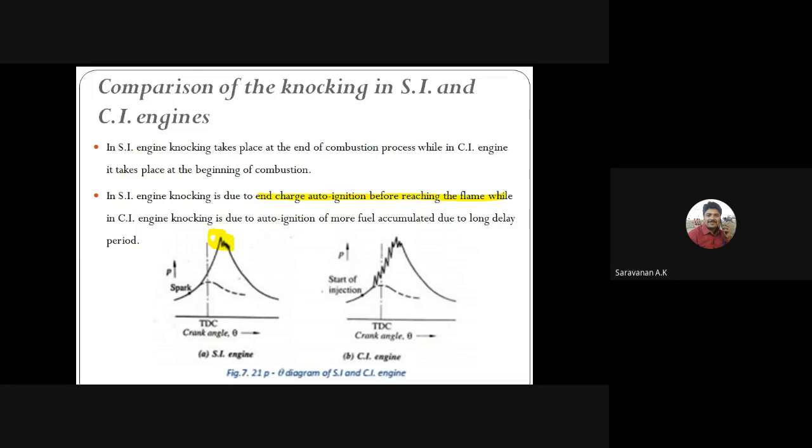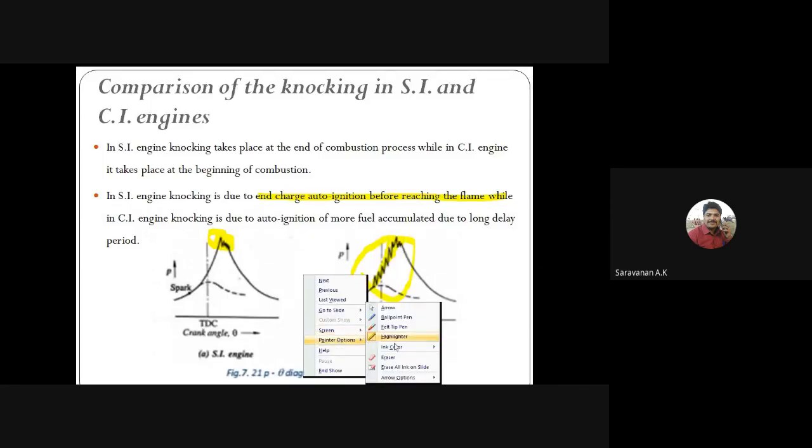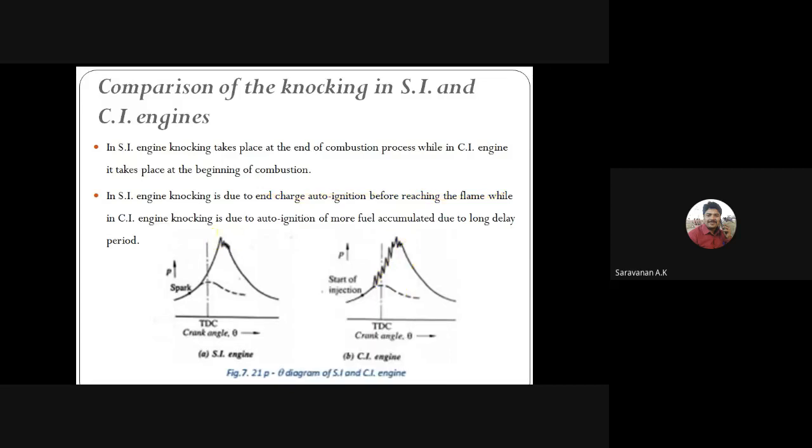But in the CI engine, you can see the abnormal combustion starts at the initial stage itself, whereas in SI engines the abnormal combustion takes place at the end of the stroke.